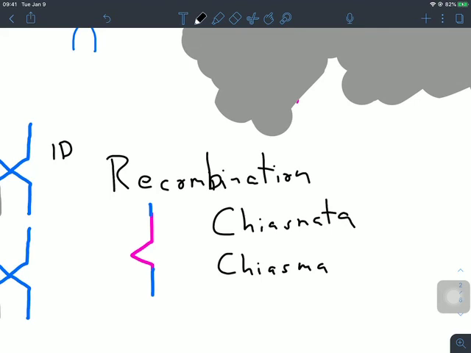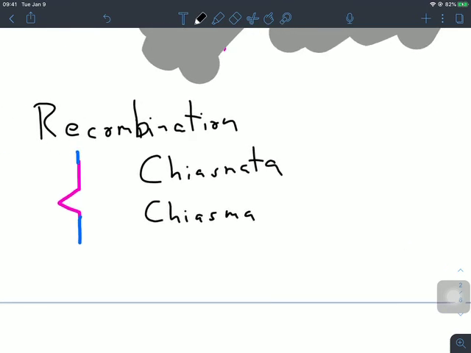Now, these chiasmata or chiasma are structures, protein structures, that form between these homologous chromosomes. They're absolutely essential for the process of meiosis. In cases of meiosis where chiasmata are not forming properly, we oftentimes get errors in the process.